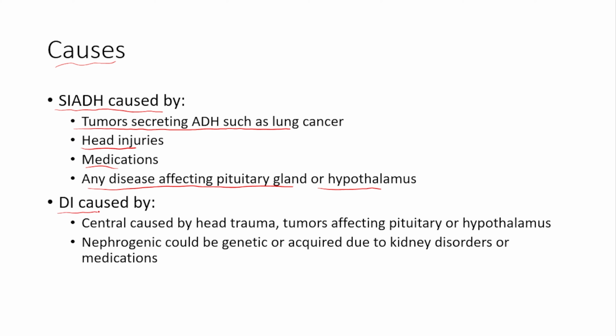Diabetes insipidus, on the other hand, is caused by either a central cause, such as head trauma or tumors affecting the pituitary or hypothalamus, leading to decreased ADH, or a nephrogenic cause, which could be genetic or acquired due to kidney disorders or medications.